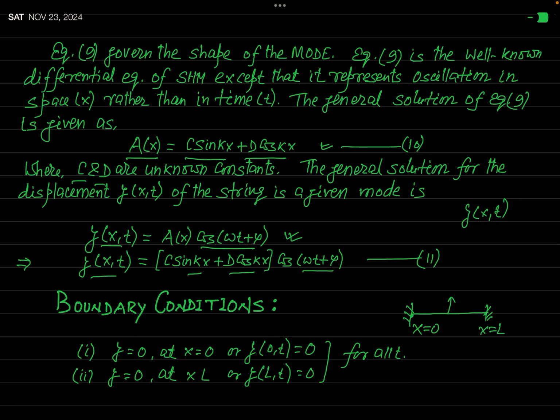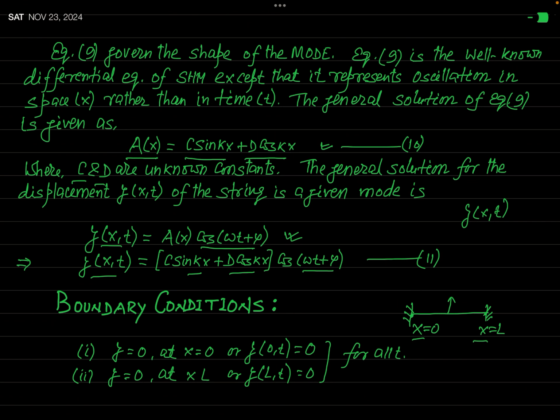The answer is no, because they are rigidly fixed. So points x = 0 and x = L will never get displaced. And therefore y, which is the displacement of any point of this string, will always be 0 at all times at these 2 points. So these are the two important boundary conditions applying which we can find the values of the arbitrary constants c and d.